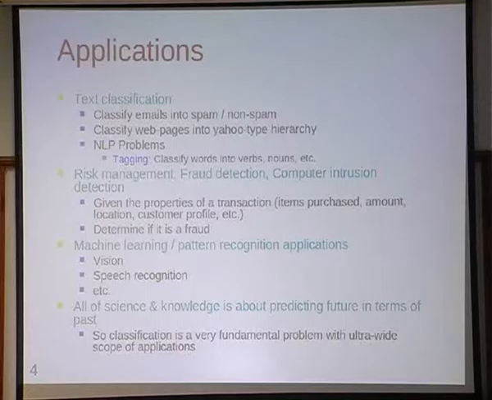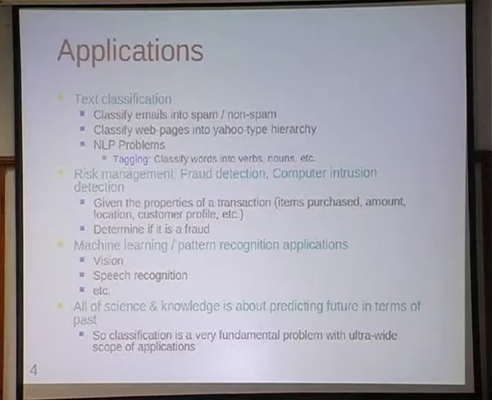Things like vision, speech recognition, OCR. For example, in OCR, optical character recognition, you have the different printed characters, A, B, C, and so on, and you need to be able to classify. You have the figure, basically an image, and you need to classify whether it's an A, or a B, or a C, and so on. So that's a classification task.